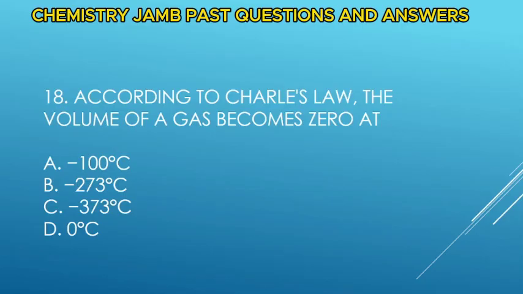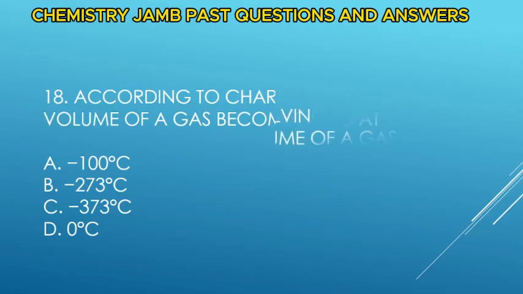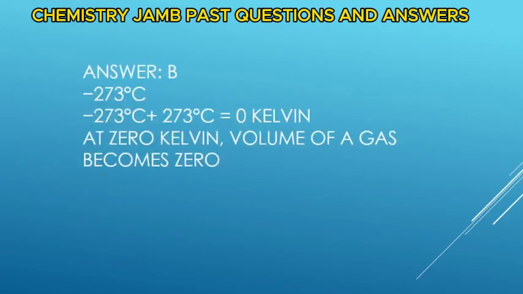The answer is B, which is minus 273 degrees centigrade, because you have to do the conversion to Kelvin. Minus 273 degrees centigrade, then you do the conversion, that's plus 273, which equals 0 Kelvin. At 0 Kelvin, volume of a gas becomes 0.